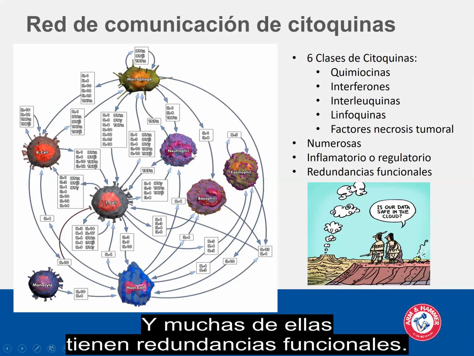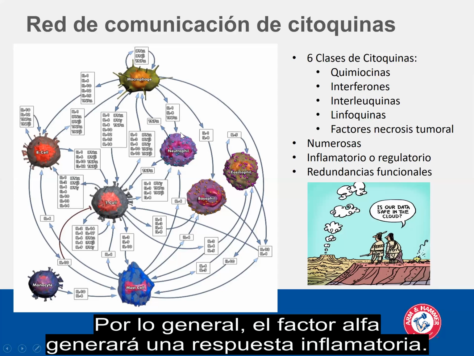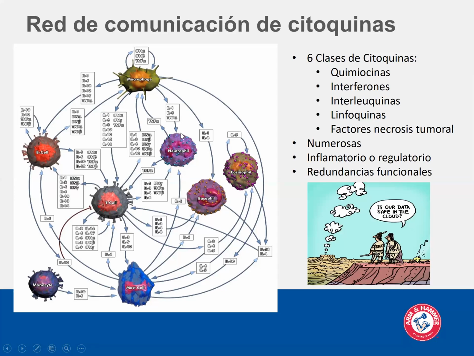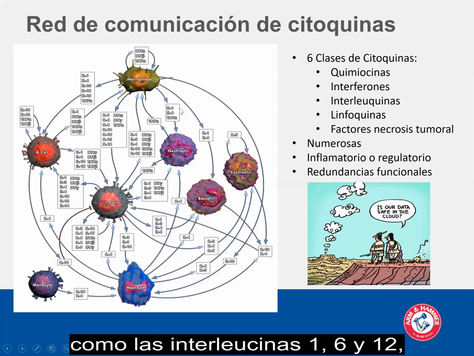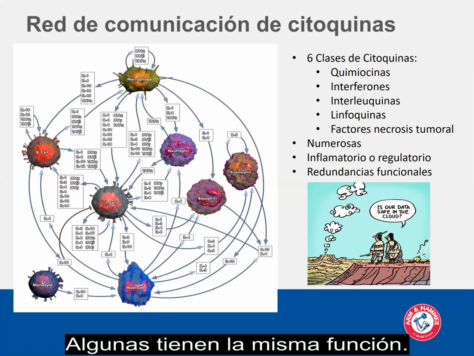And a lot of them have what we call functional redundancies. So generally, tumor necrosis factor alpha is going to bring about an inflammatory response, but there are also other cytokines, interleukin-1, interleukin-6, interleukin-12, that also indicate inflammation. And some of these can have the same function.